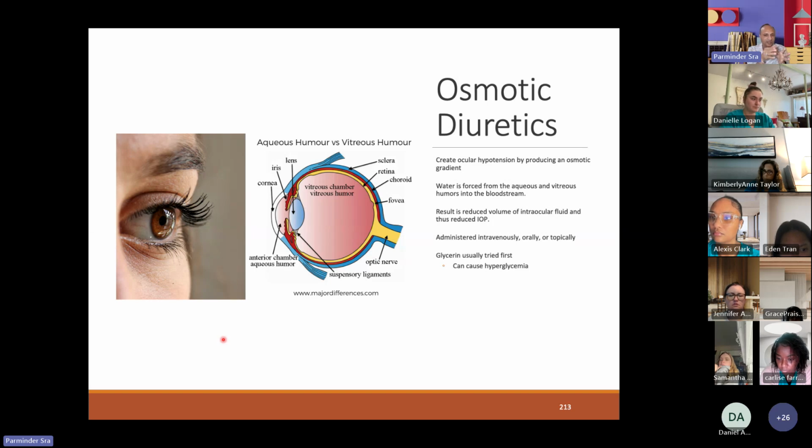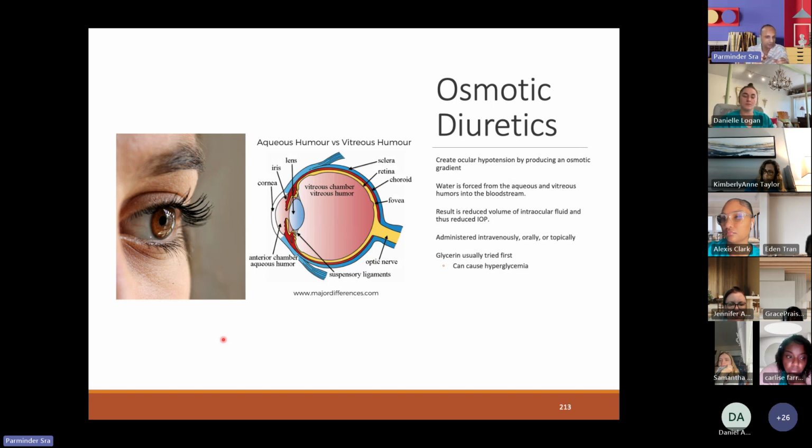They increase the plasma osmolarity, which creates an osmotic gradient that draws water from the eye into the bloodstream, eventually reducing the volume of fluid in the eye. And that reduction in the aqueous humor causes a decrease in the intraocular pressure.